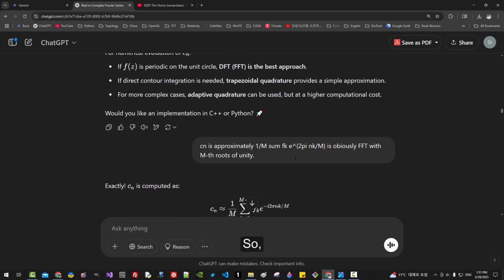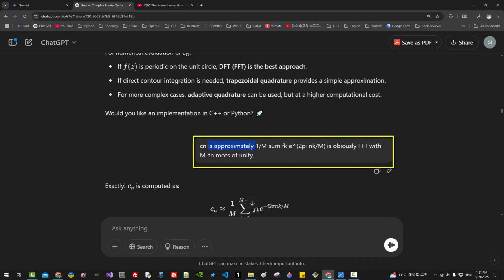So I suggest to ChatGPT like this: Cn is approximately 1 over m sum of fk e^(2 pi n k/m), which is obviously FFT with m-th roots of unity.